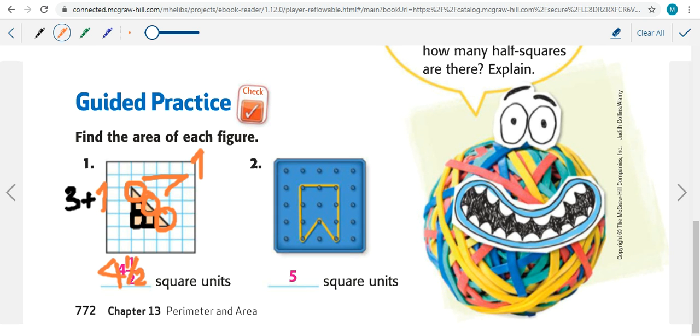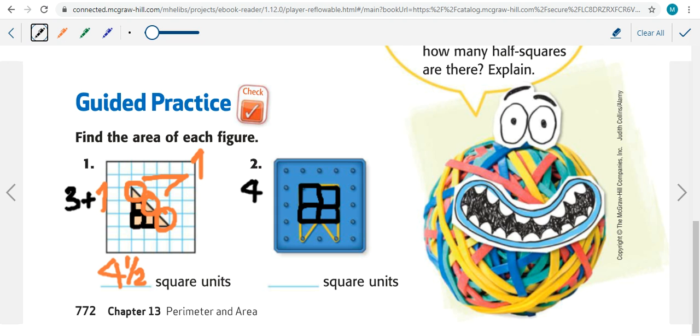Now, let's find the area of number 2. Remember that the first step is to count the whole squares, and then we're going to add the half squares. We have 1, 2, 3, and 4. We have 4 whole squares.